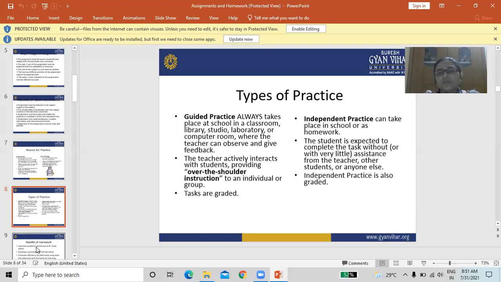Independent practice is also graded. So these are the basic types of assignment and homework. Generally, we have divided them into two categories: guided practice and independent practice.